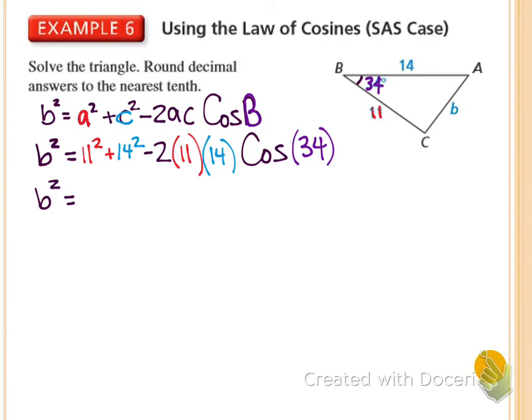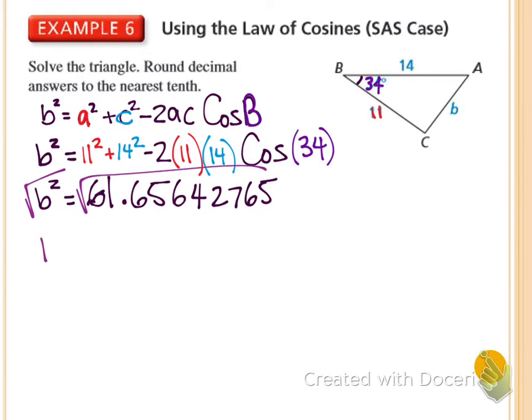I would leave it in your calculator. I'm going to write it down just because I'm recording. But I would leave it in your calculator. What do we have to do next? Square root. Because that's what b squared equals. So you can hit square root of previous answer, and it will have saved that long decimal for you.